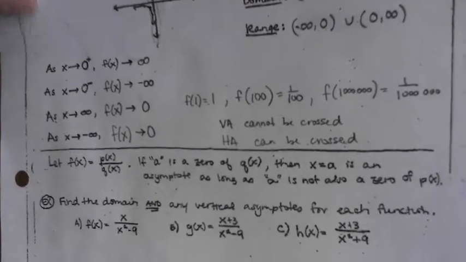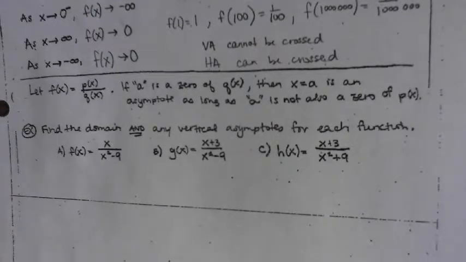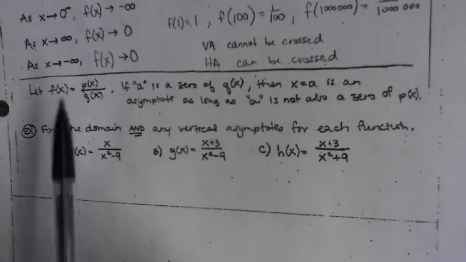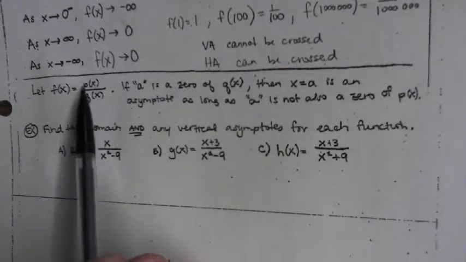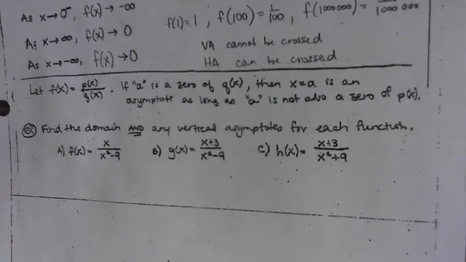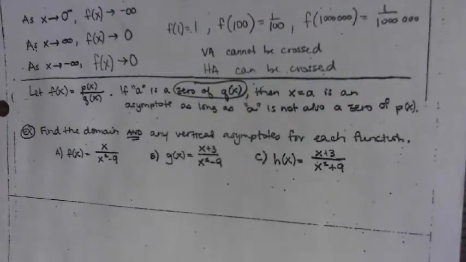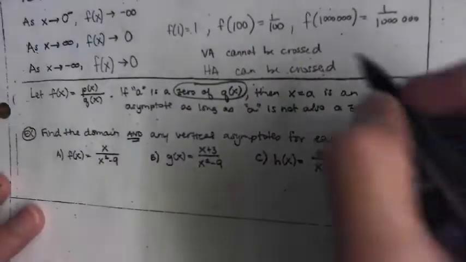All right. So there's some rules you have to memorize regarding finding asymptotes. So pretend that your function, your rational function, is some p of x monomial or polynomial over some q of x monomial or polynomial. Okay? Your zeros of your denominator. If something is a 0 of your denominator, then it's a vertical, I should have put that in there.